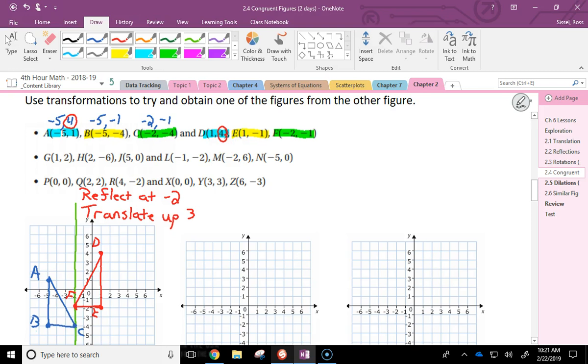But the reason the x didn't just flip from positive to negative, it did, but I was over 1, 2, and I have to double that. So I'm going to reflect it 4 over.